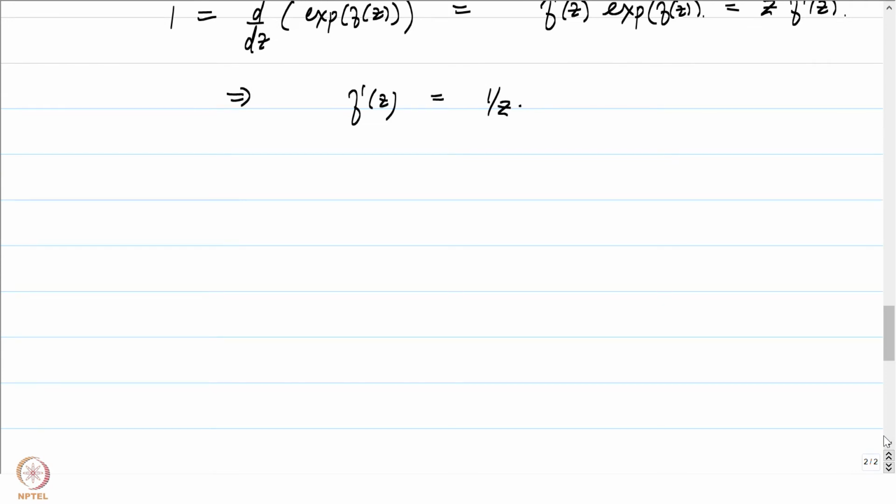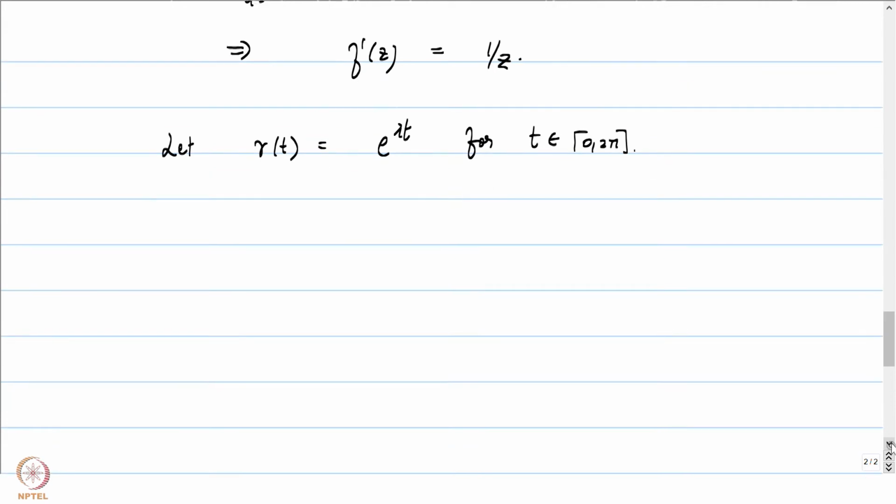Let's now try to see what happens when we look at the integral of 1 by z over a closed curve around 0, a simple closed curve. Let gamma of t be a very simple curve, e to the power it for t in 0 to 2 pi. I just pick the unit circle, right?